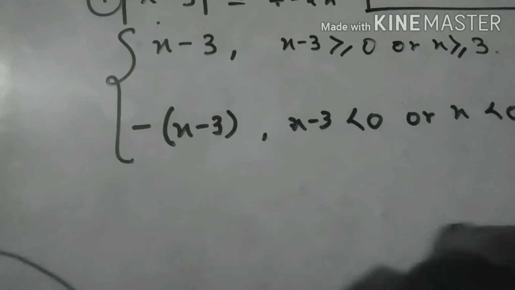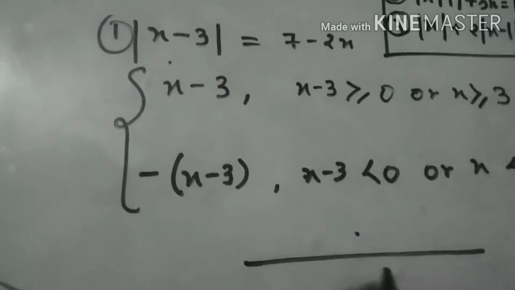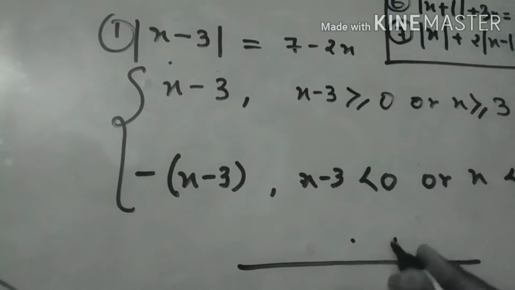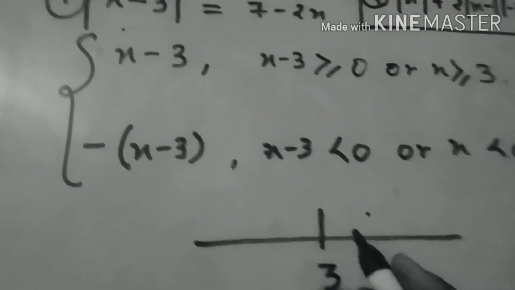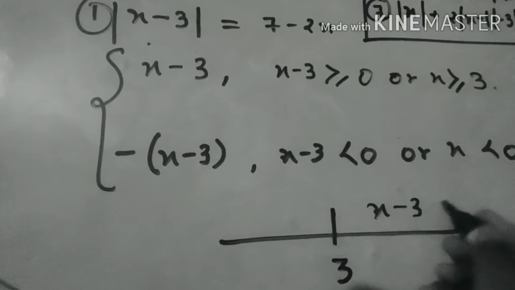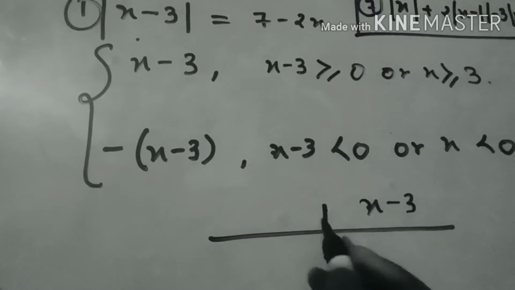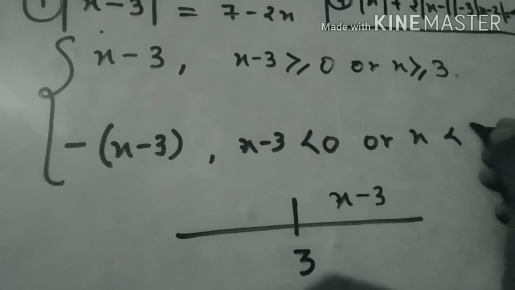When we see this plotted on a number line, we have the value 3. If the value of x is greater than 3, the value will be x minus 3. If the value of x is less than 0, sorry, it is 3.